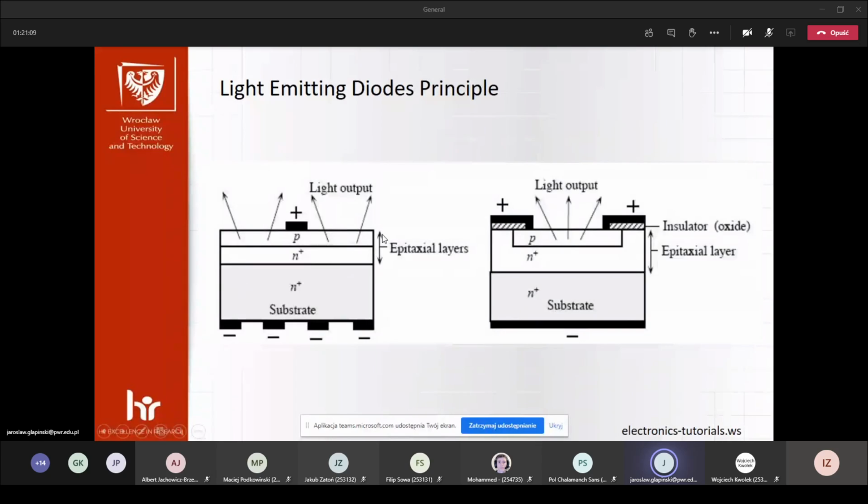So this construction emits light everywhere. This could be a smaller light emission. This is an example of how we can construct the light diode.